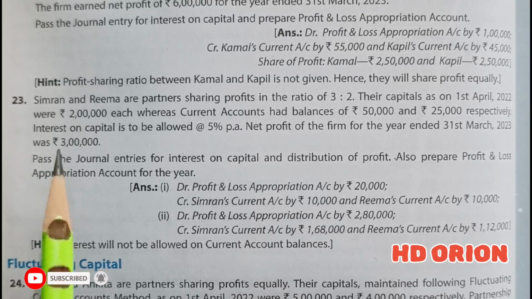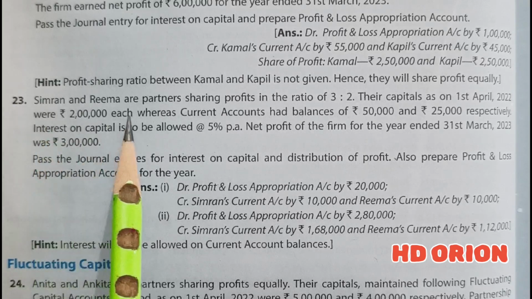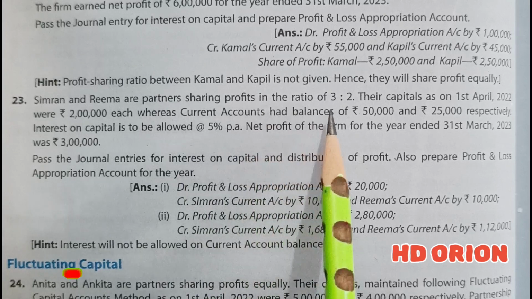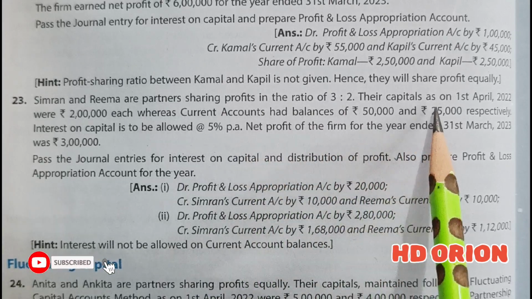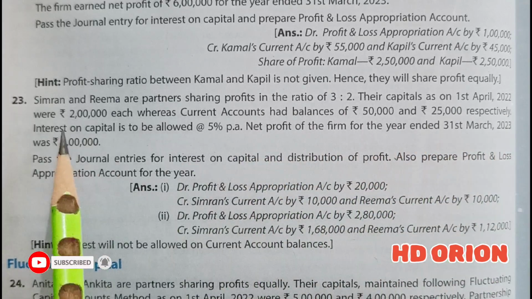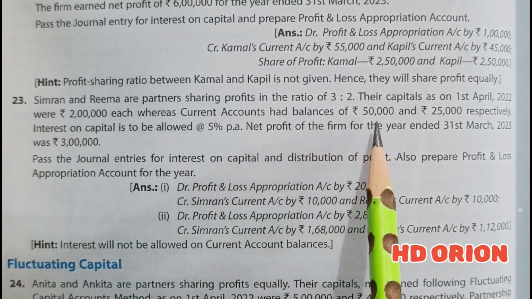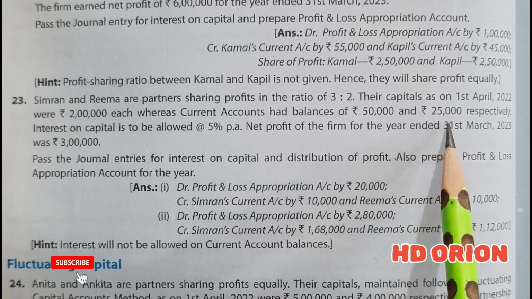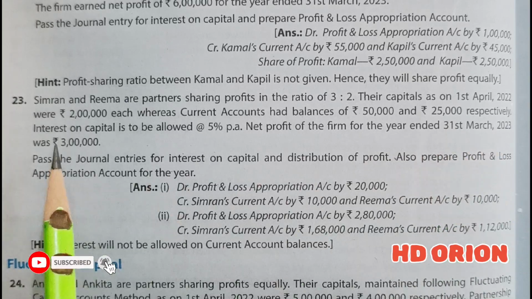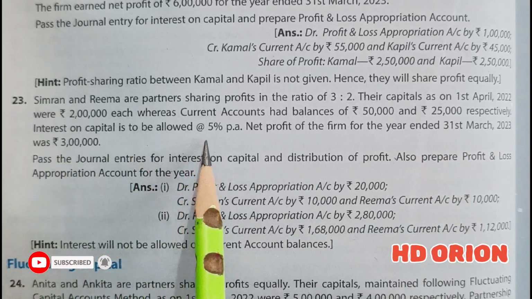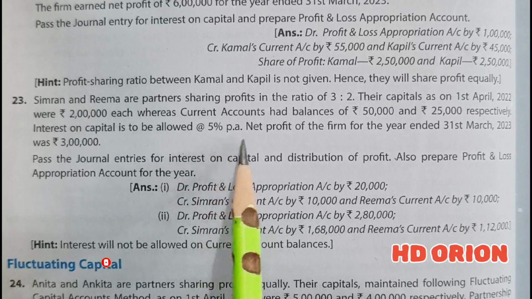Now let us see question number 23. Simran and Rima are partners sharing profits in the ratio of 3:2. Their capitals as on 1st April 2022 were rupees 2 lakh each, whereas current account had balances of rupees 50,000 and rupees 25,000 respectively. Interest on capital is to be allowed at the rate of 5% per annum.